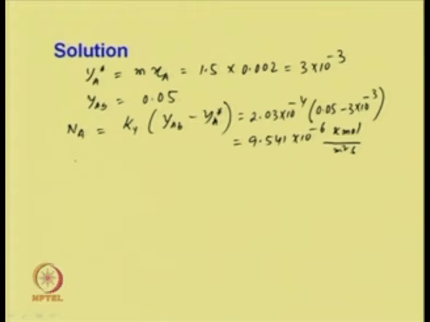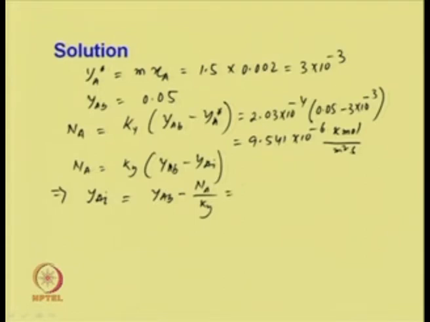We know that N A is equal to k y into (y a b minus y a I). So, from this we can calculate the interfacial concentration: y a I will be equal to y a b minus N A by k y.